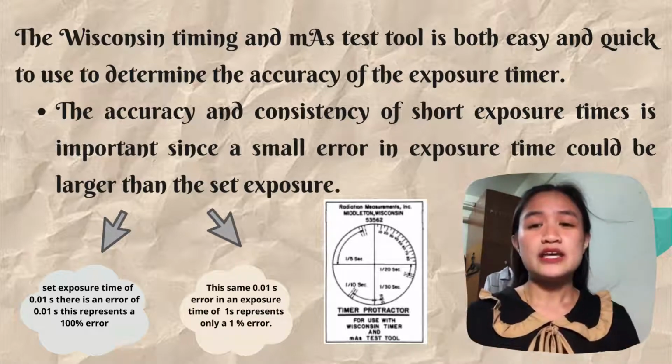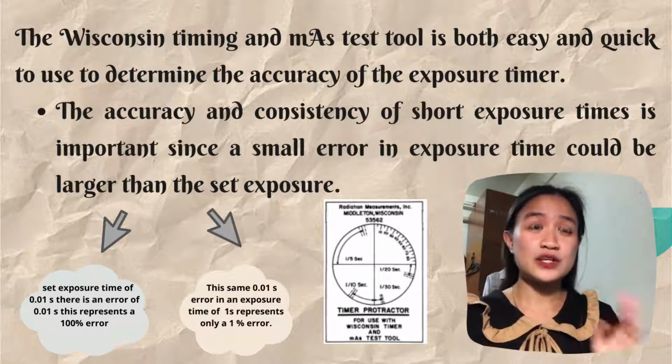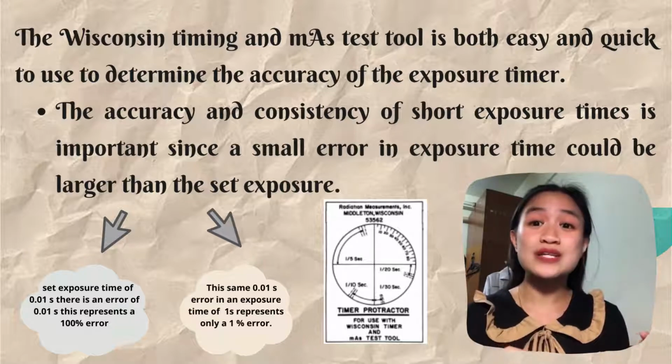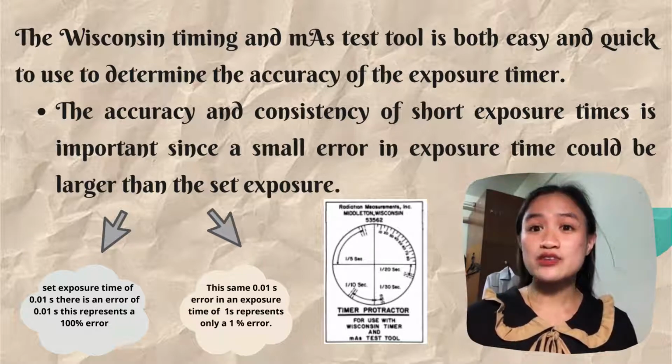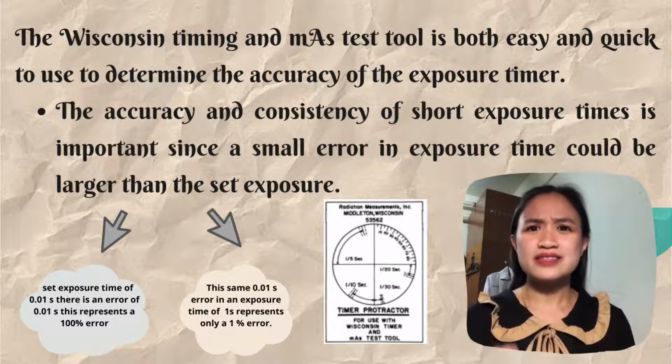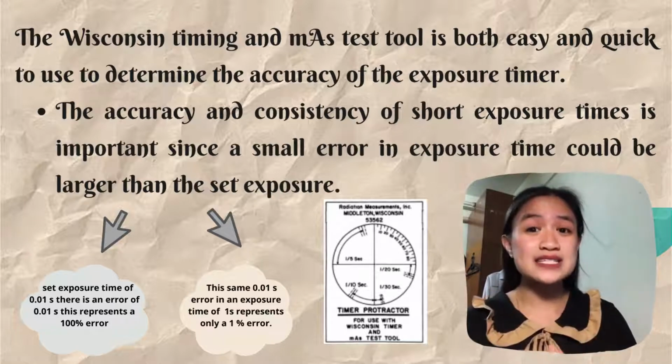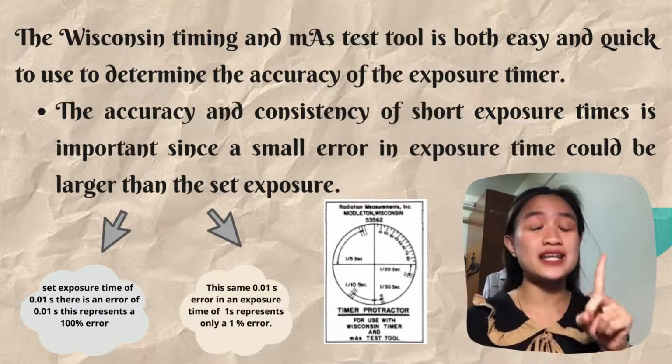For example, if for a set exposure time of 0.01 second there is an error of 0.01 second, this represents a 100% error. However, this same 0.01 second on an exposure time of 1 second represents only 1% error.